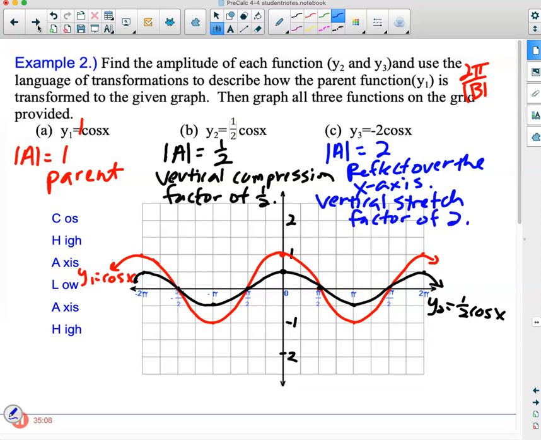So the biggest catch with this one is that reflection. What's the easy way to make sure that's taken care of over there? Yep, highs become lows, lows become highs. And we have to go up and down 2. So here's a high, has to go down to -2, as I'm saying it backwards.